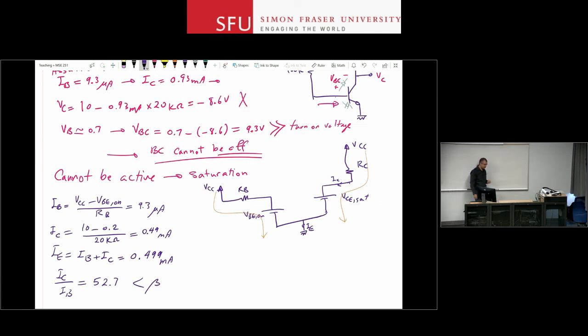You can sometimes do that in your circuits. And if that ratio is not beta, if it is less than what was given to you as the value for beta, that could be an indication of saturation region. Otherwise, you just do your calculations and you see if the diodes are both on, and if they are both on, then that means the device is in active region.